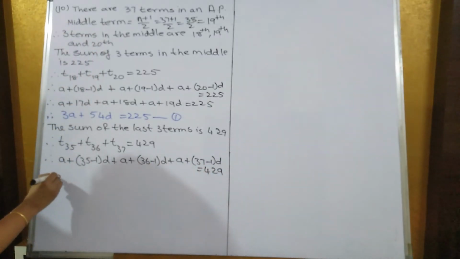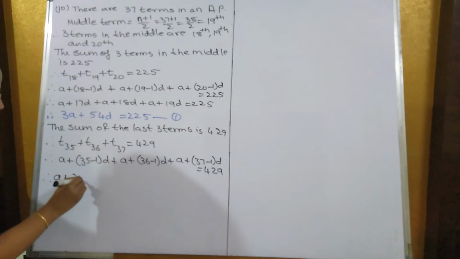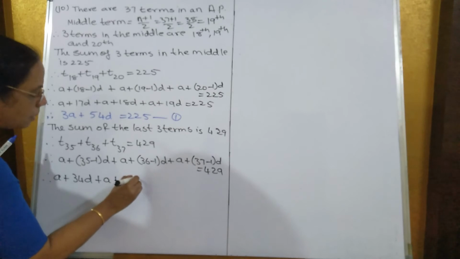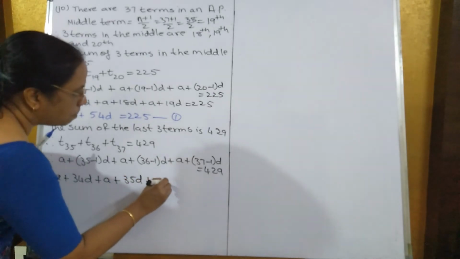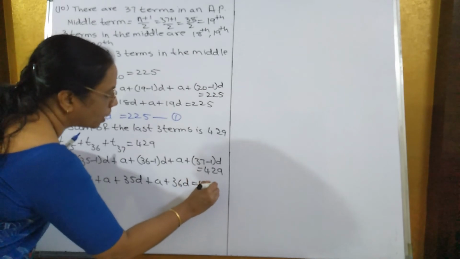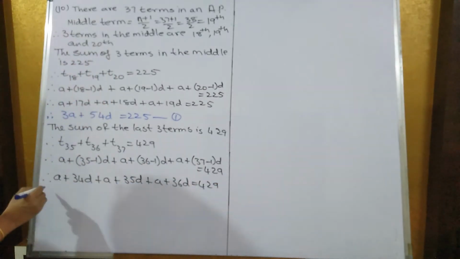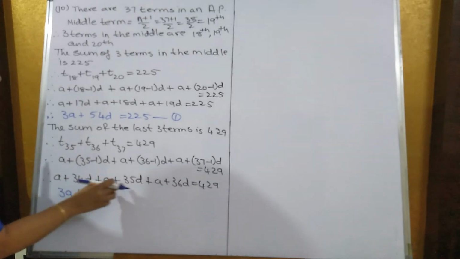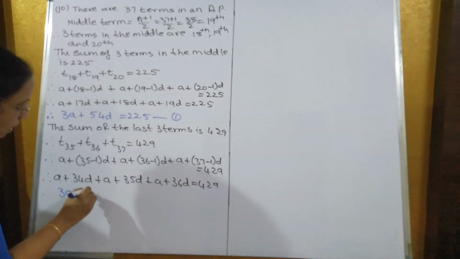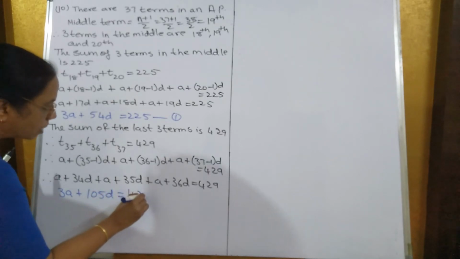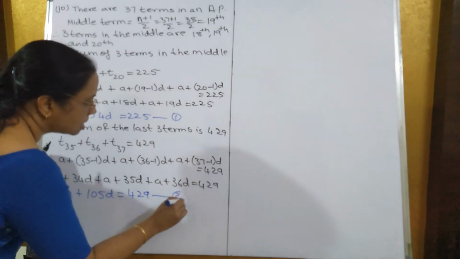Therefore A plus 34D plus A plus 35D plus A plus 36D is equal to 429. Totally how many A's are there together? There are 3A, and when you add 34D, 35D and 36D, you will get 105D, which is equal to 429. Let us take this as equation 2.